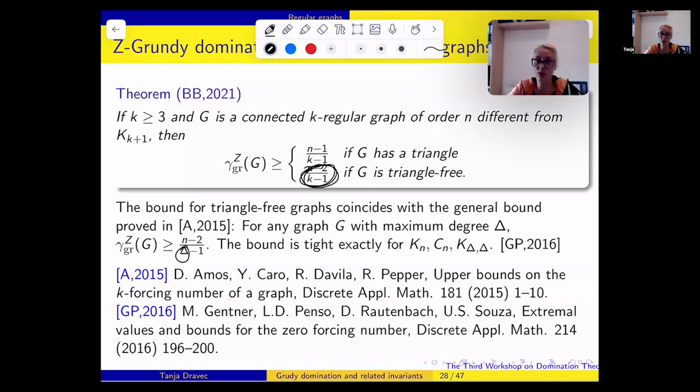Of course, this bound proved by Amos, Caro, Davila, and Pepper was done for the zero forcing number, but translated to the language of the Z-Grundy domination number, we get this bound. Moreover, in 2016, extremal graphs for this bound were also presented. There are just 3 graphs that achieve this bound. What Brešar and Breznik did was improve this bound for the case when G has a triangle.